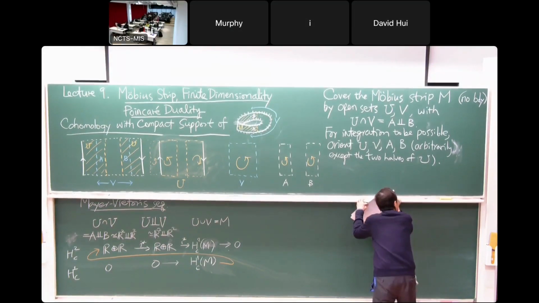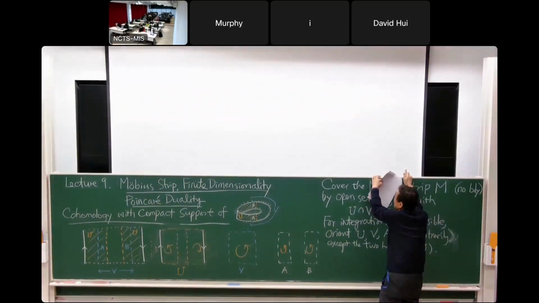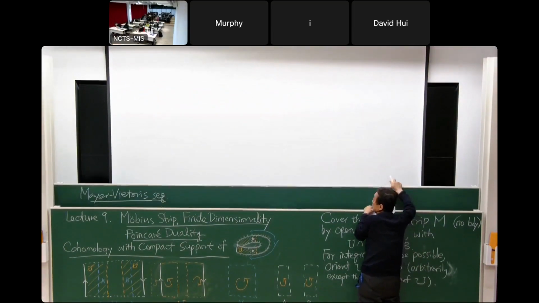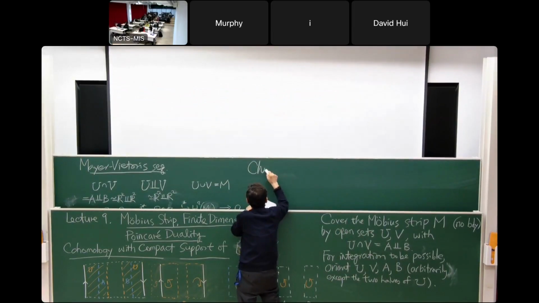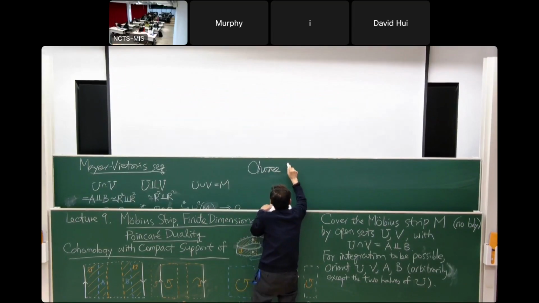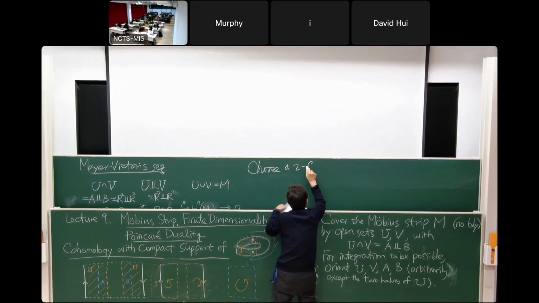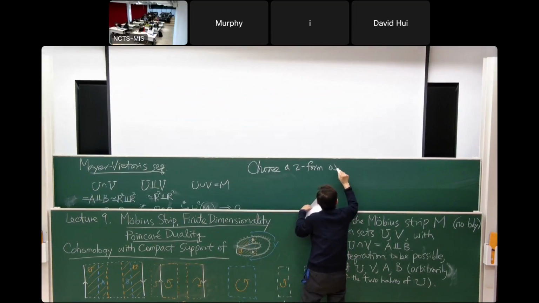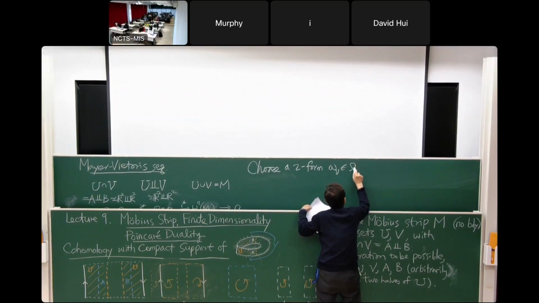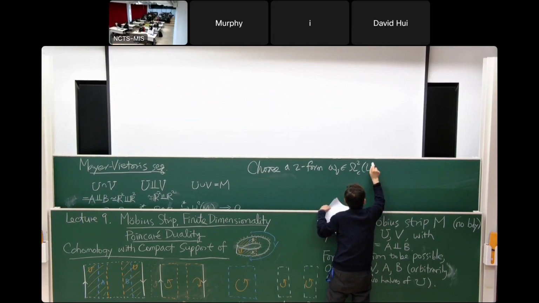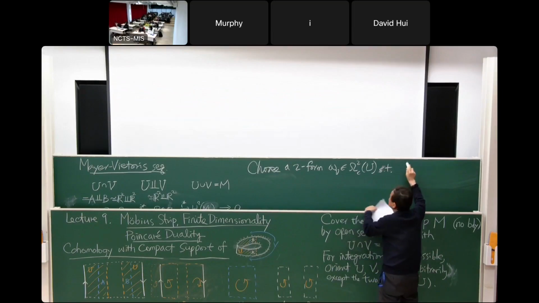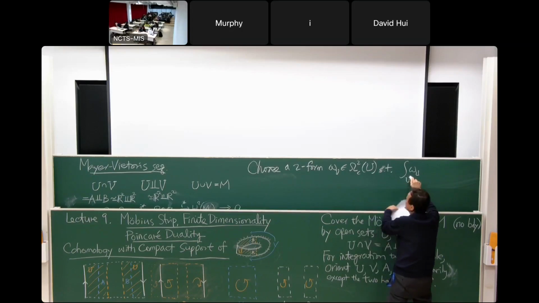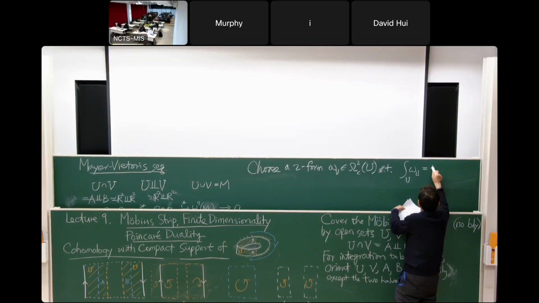I'm going to call omega U a two form with compact support on U, such that its integral over U is 1.